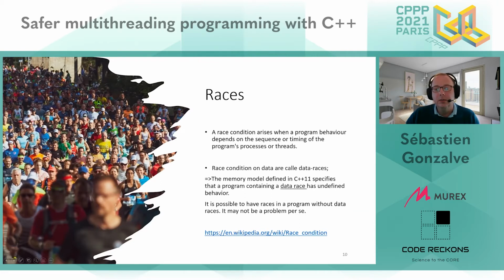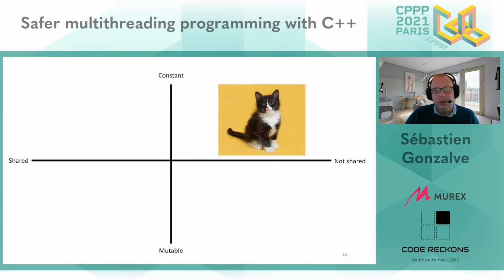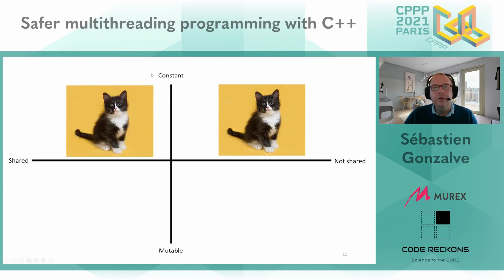Here is the link on Wikipedia if you want to know more about this, but I guess many of you already know that. So let's sum up what we saw. If you have non-shared data and they are constant, it's okay. There is no problem here. If you have constant data that are shared, there is still no problem either, because as they are constant, accesses in memory always read the same data, so it's okay.